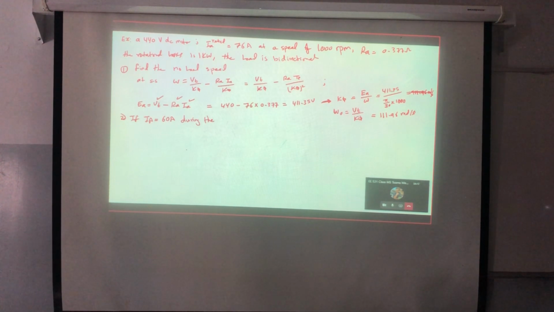Now, if IA is equal to 60 ampere during the regenerative braking, calculate the motor speed. Find the motor speed.